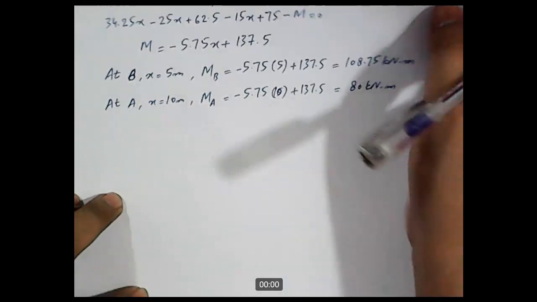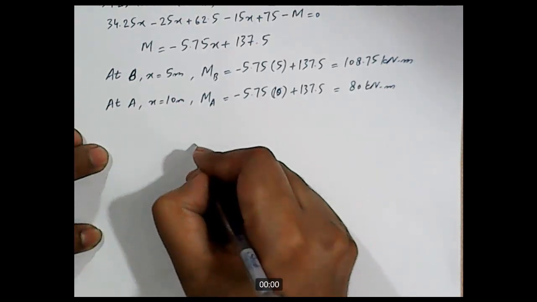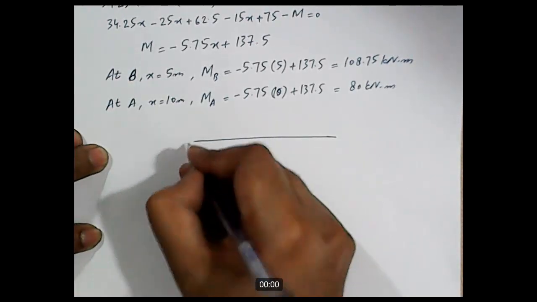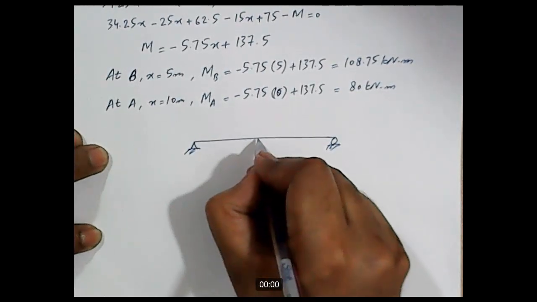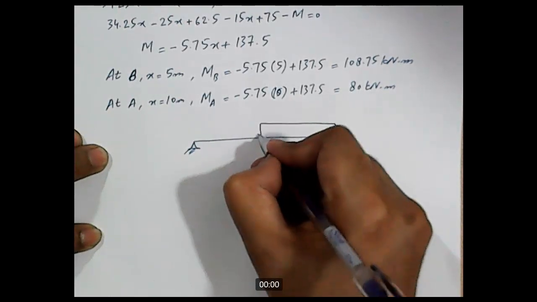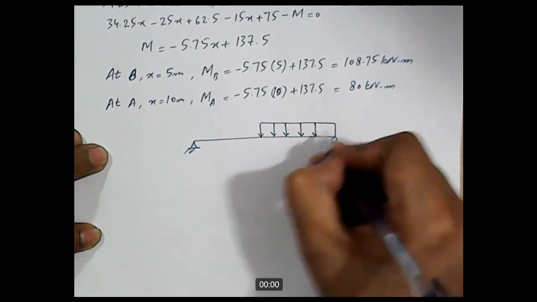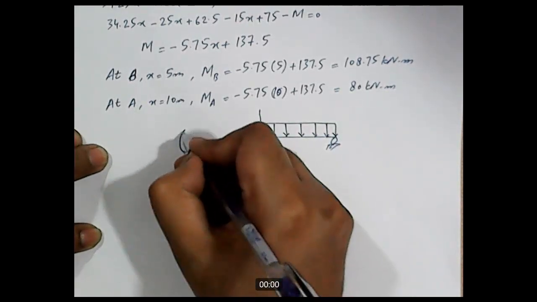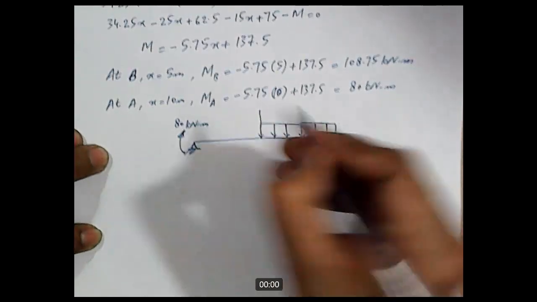Okay, so let me draw the beam here once again. So we have a simply supported beam subjected to a UDL, point load and a point moment, 80 kilonewton meter.